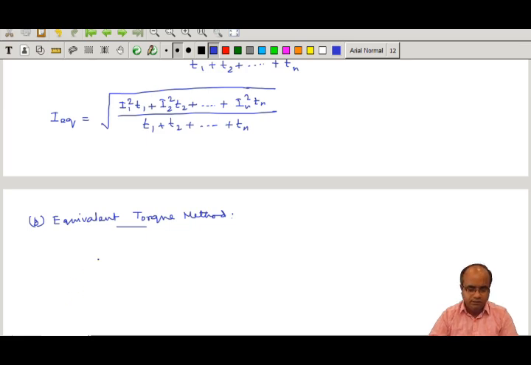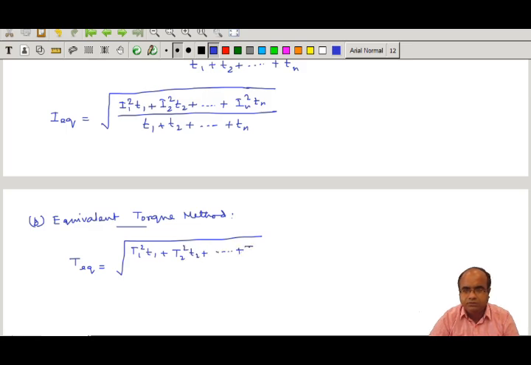Now same as the equivalent current, the torque equivalent becomes, since the torque depends upon the motor current, root over T1 square t1 plus T2 square t2 up to Tn square tn, all divided by t1 plus t2 plus up to tn.